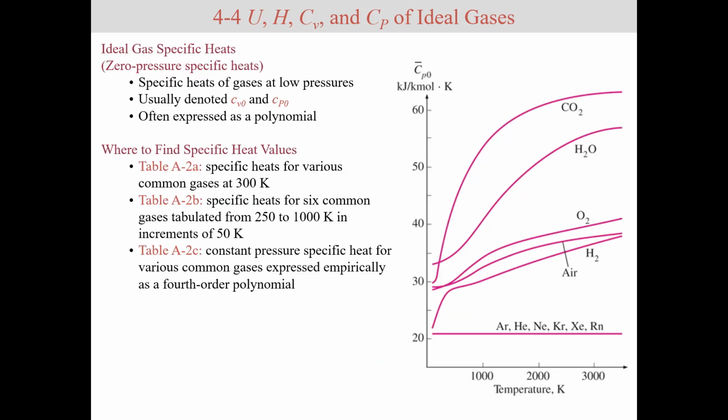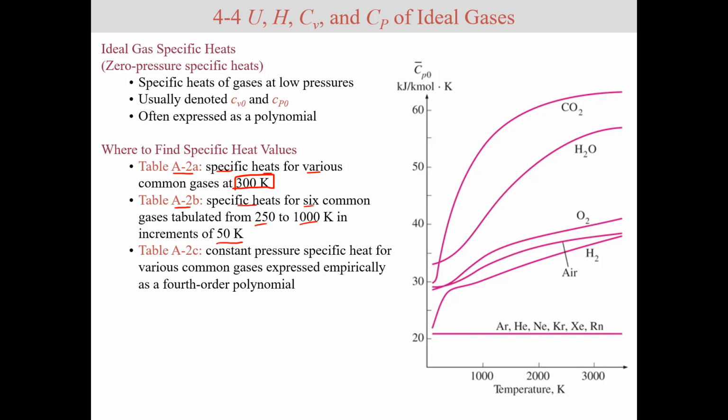Now, ideal gas specific heats, where do you find values? Well, in Table A2, there are 3 different ones. There's Table A2A, which shows the specific heats for various gases at a fixed value of 300 Kelvin. Table A2B gives you specific heats for 6 different common gases and tabulates those values from a range of 250 K to 1000 K in increments of 50 Kelvin.